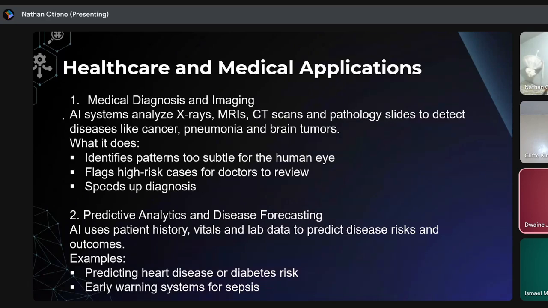Doctors can use patient data to predict healthcare risks in the future. This helps forecast conditions like heart diseases and diabetes. Examples: predicting heart diseases, and early warning systems for sepsis.